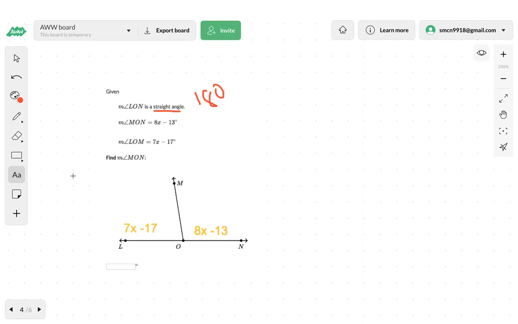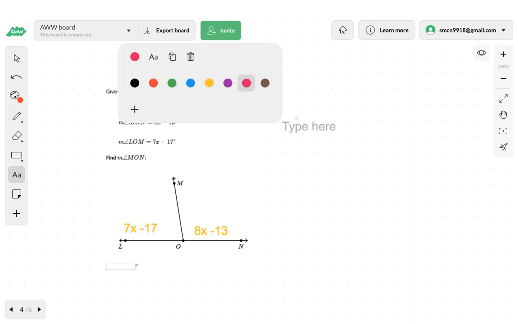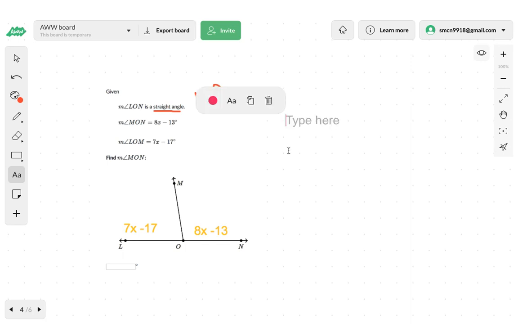The same concept as before, this whole angle equals 180. To figure out what the measure of x is, we're going to have to use an equation. I'm going to write that over here. So we have 7x minus 17 plus the measure of the other angle, which is 8x minus 13, equals 180.